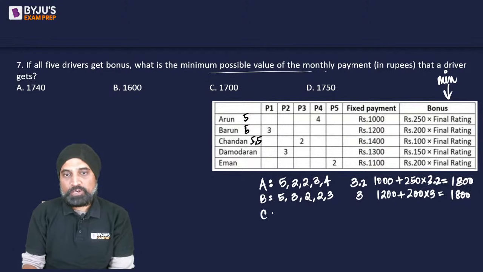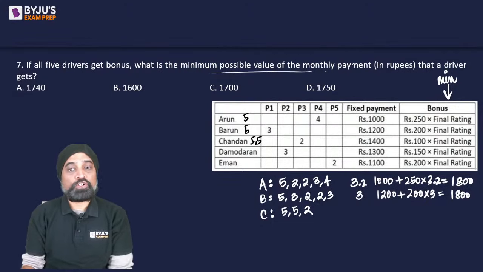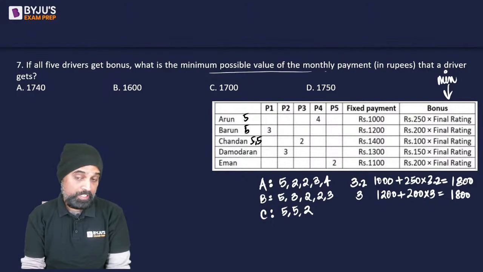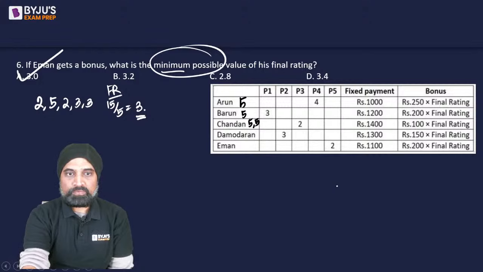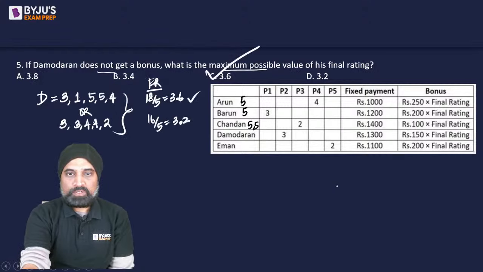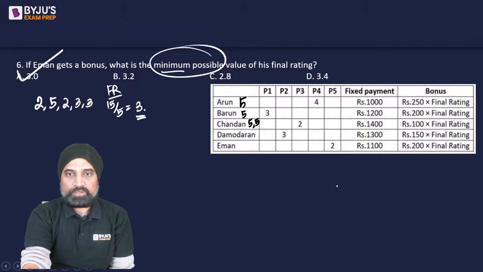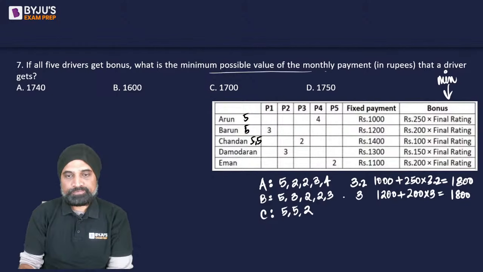Okay. If we look at Charlie, as in Chandan, he gets 2 5s and a 2 for sure, right? 2 is already there. I did not make any mistake in the previous 2.